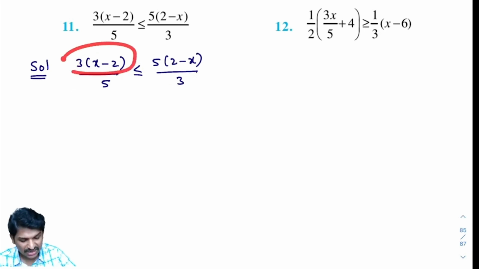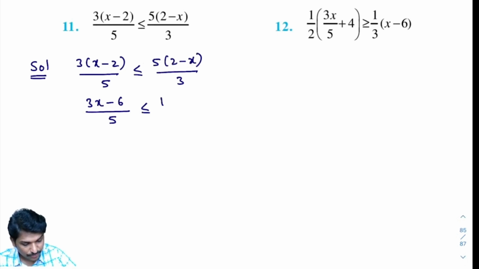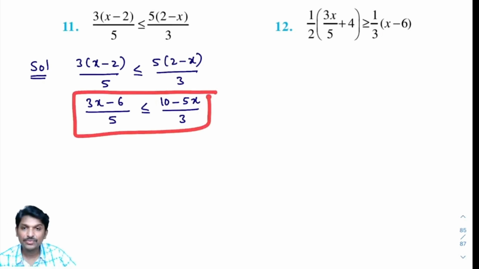Simplification means the numerator multiplies with 3: 3 into (x minus 2) is 3x minus 6, divided by 5, less than or equal to 5 into 2, which is 10 minus 5x, divided by 3. Actually, in inequalities we cannot cross multiply, but when you are clear with the properties, you can.